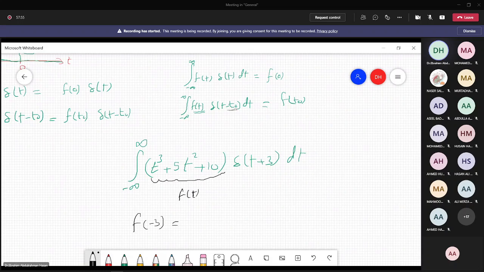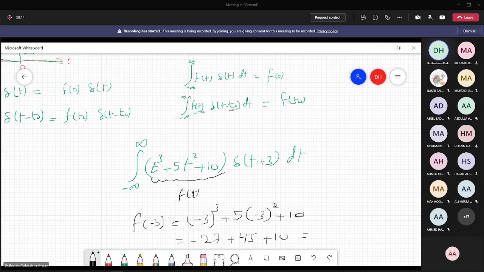So minus 3 cubed plus 5 multiplied by minus 3 squared plus 10, which is equal to minus 27 plus 45 plus 10.